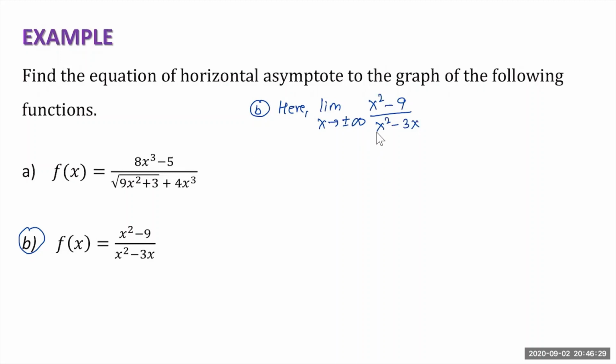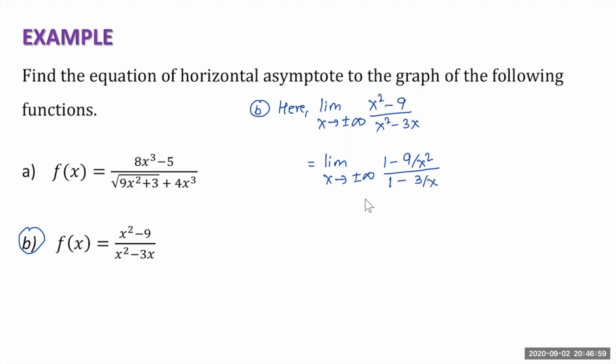Here, the highest power of x in the denominator is x squared, so we are going to divide throughout by x squared. So this will be the limit of x squared over x squared, that's 1, minus 9 over x squared, over 1 minus 3x over x squared, that is 3 over x.